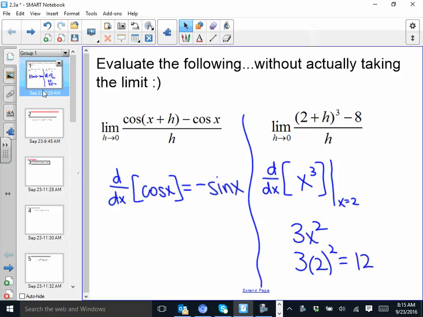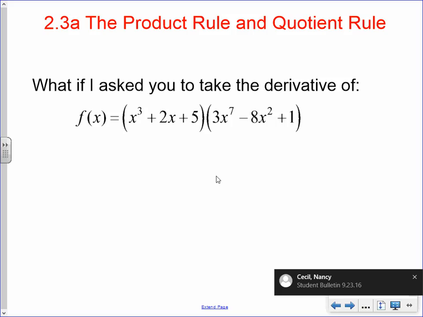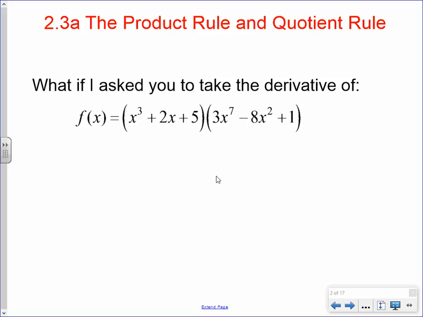This section is going to be about more rules, okay? For example, if we wanted to take the derivative of this right now, what would your strategy be? Multiply it all out and then take the power. Okay, multiply it all out and then do the power rule, right?